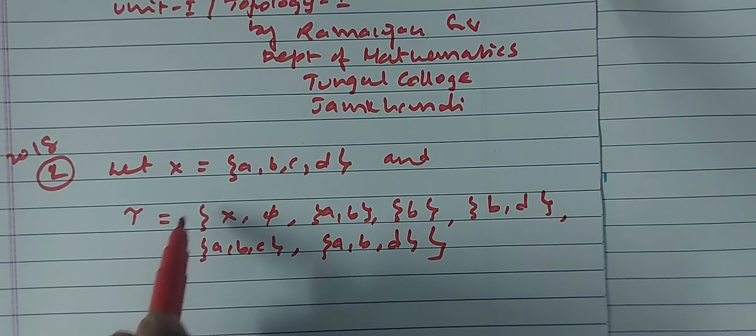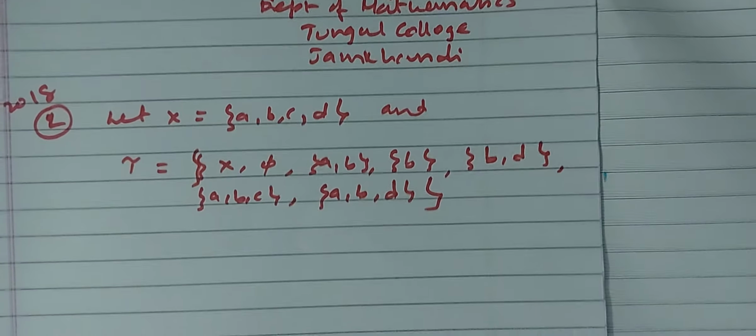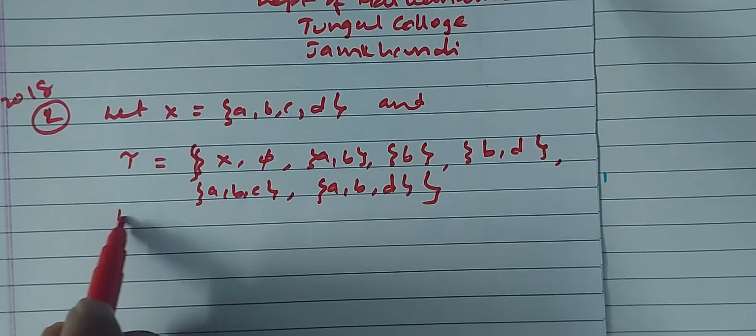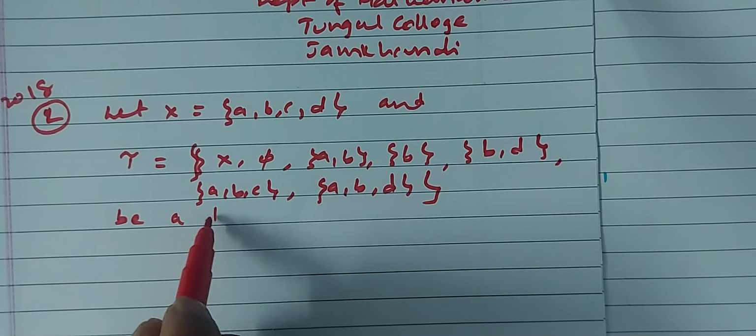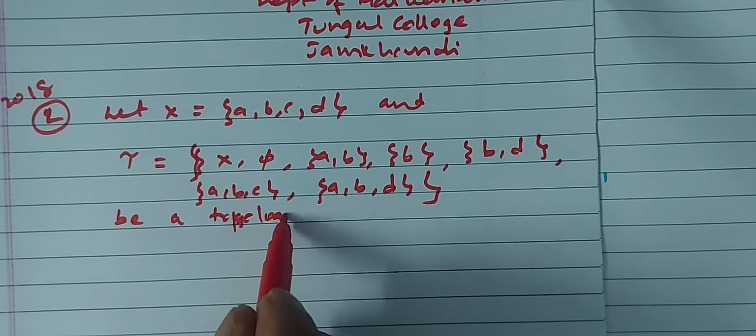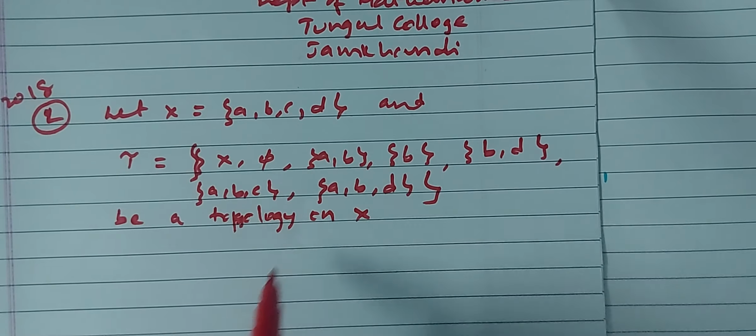These are all the members which form a topology on X.